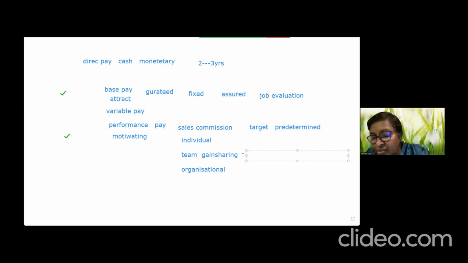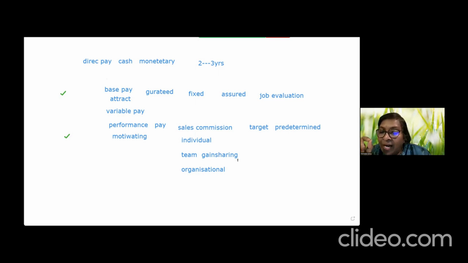In most manufacturing organizations, gain sharing is a huge variable pay, so that teams collaborate and use the gain sharing award or bonus to increase productivity.